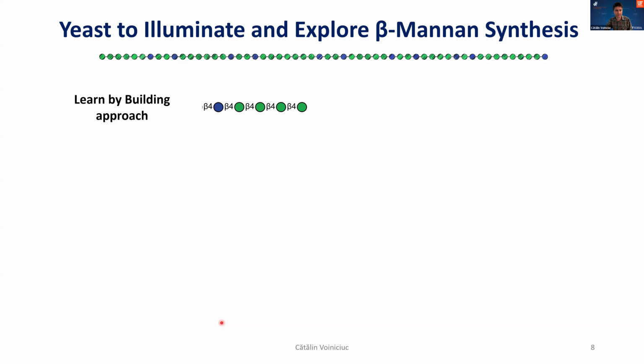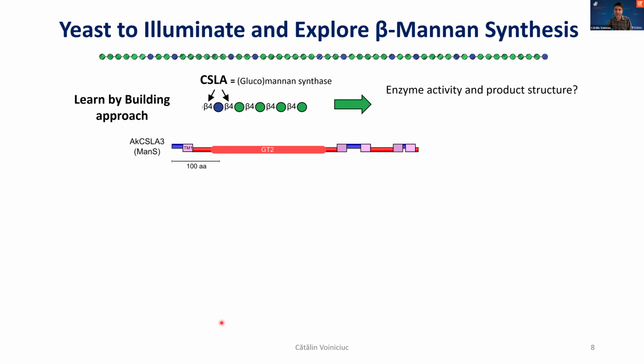So we proposed several years ago to instead use a surrogate host to understand the specificity and activity of different mannan-related enzymes. And the main players are cellulose synthase-like A or CSLA enzymes. These are the actual enzymes that elongate the backbone. They have multiple transmembrane domains, for example, 5 domains for the konjac CSLA3, which we'll just call mannan synthase or MANS for this presentation.